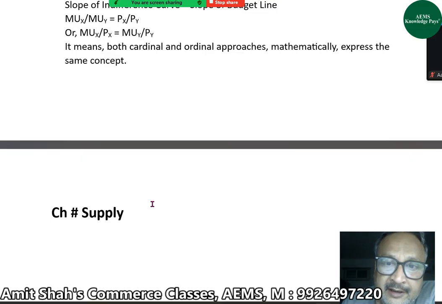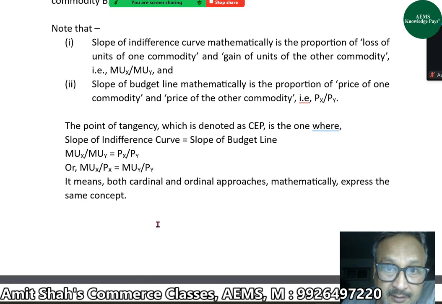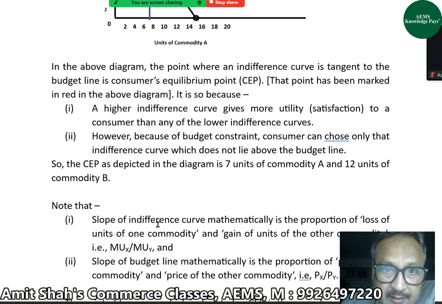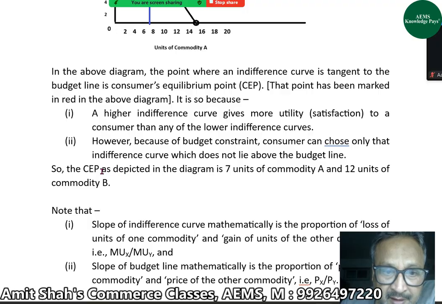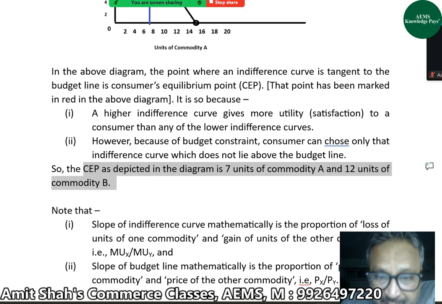So ordinal utility, cardinal utility, that actually relates to demand, correct? Yes. Like here, since the consumer's equilibrium point is 7 units of commodity A and 12 units of commodity B, these many units of A and B only he will demand. Have you got this? Yes. Okay, next chapter is supply.